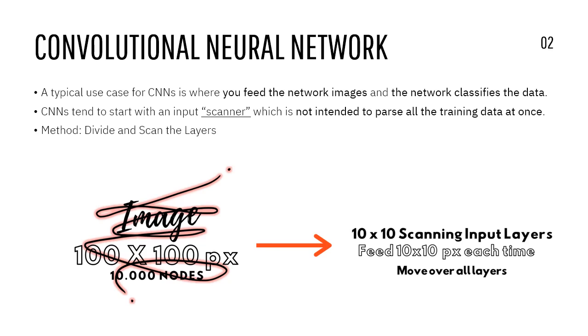And then once you have passed that input, you will feed it the next 10 by 10 by moving the scanner 1 pixel to the right. So basically, each time you input a 10 by 10 matrix, and it will reduce the computational cost and will increase the accuracy and the performance, of course.